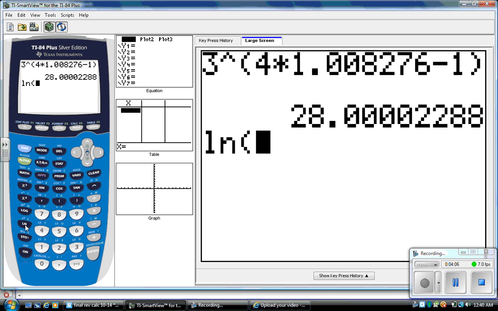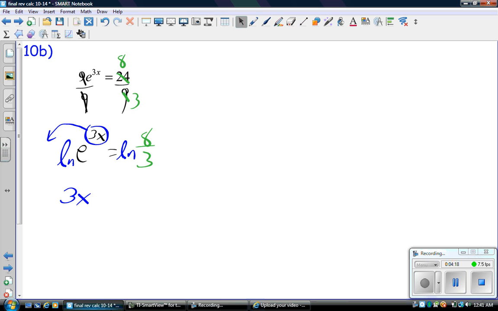The natural log of e is just 1, so I don't really have to even write that. So 3x equals natural log of 8/3, and then to get x by itself I just have to divide by 3.